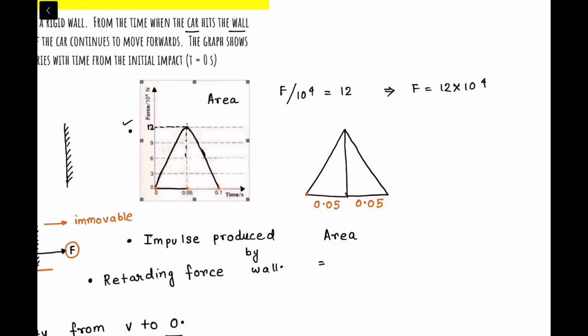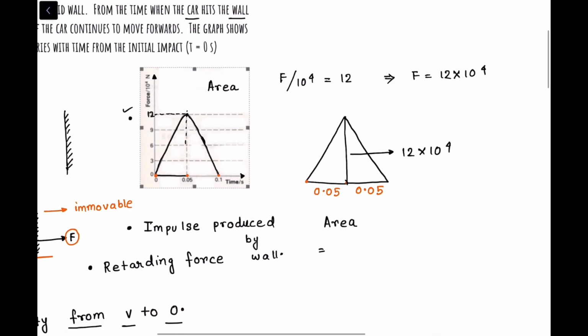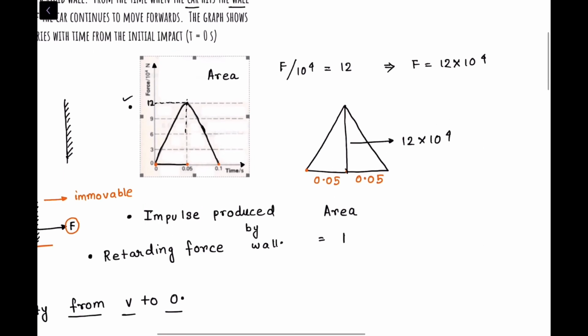Okay, so over here the height is 12 into 10 to the power 4. So if I just calculate the area, it will be half for the first one, first area plus the second area, A1 plus A2.